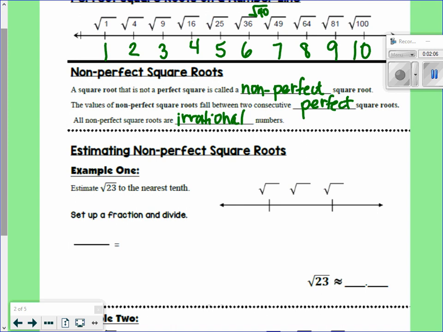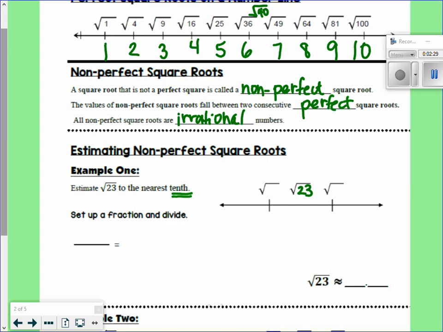So, example number 1, we're going to estimate the square root of 23 to the nearest 10th. Okay, so again, is this a perfect square root? No. So the values of a non-perfect square root fall between two consecutive ones. So we're going to put the square root of 23 right there. We know it falls between two perfect square roots.